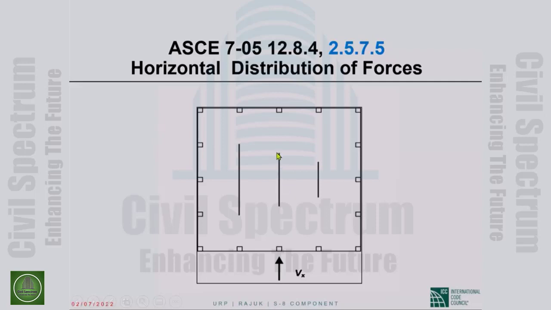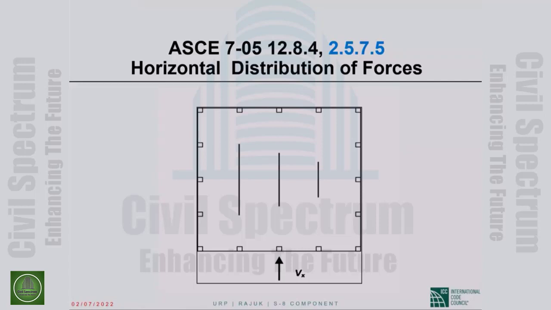It takes 3 units of force to do the same thing to this shear wall and 4 units of force to impart unit interstory drift to that shear wall. Then the 2 frames will get 1 share of V sub x, like each of the 2 frames will get 1 share of V sub x. This will get 2 shares, this will get 3 shares, this will get 4 shares. Okay, so in proportion to the relative lateral rigidities.